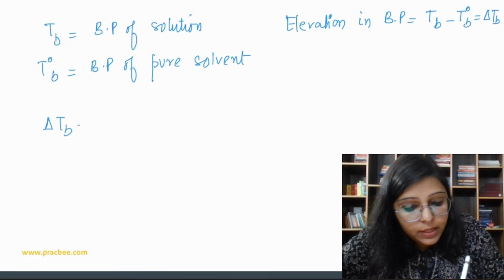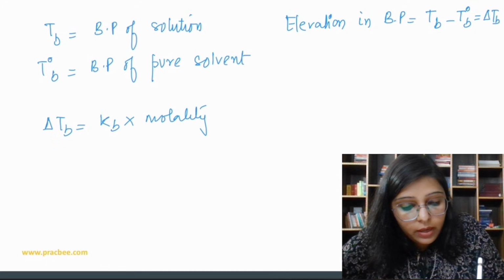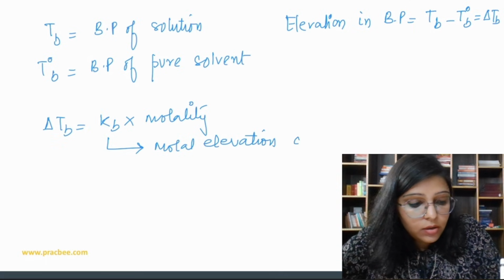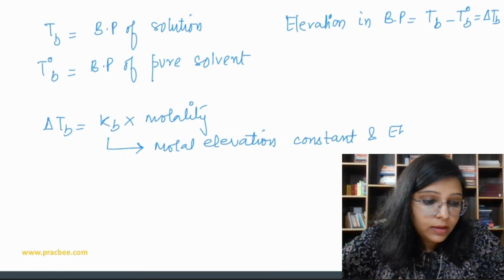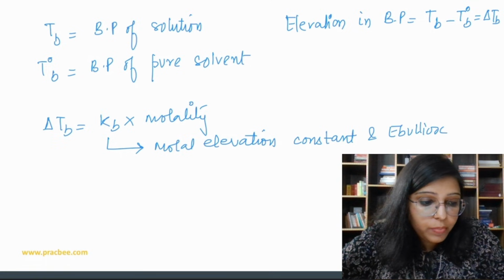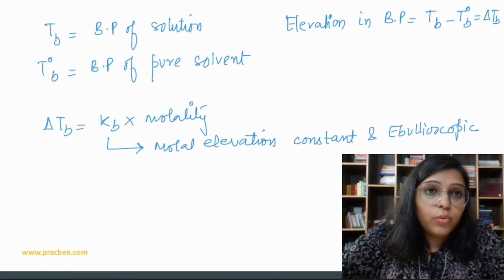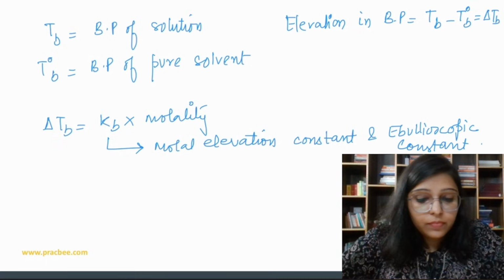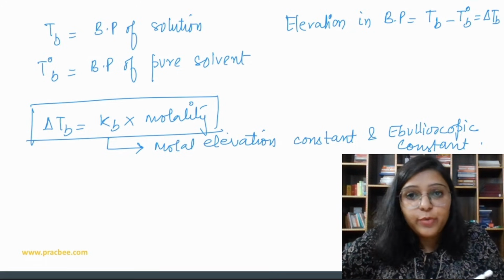Now delta TB is equal to KB into molality. What is KB? This is the molal elevation constant, or ebullioscopic constant. That's it. So we have to use this formula to solve questions.